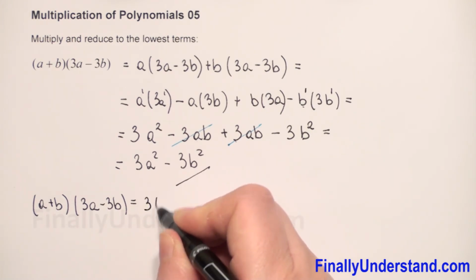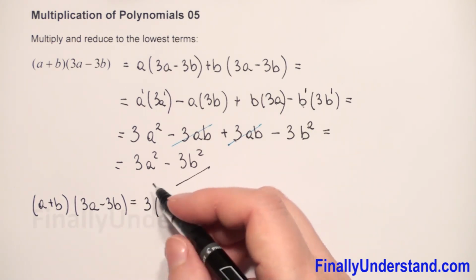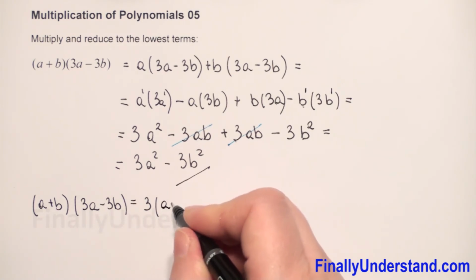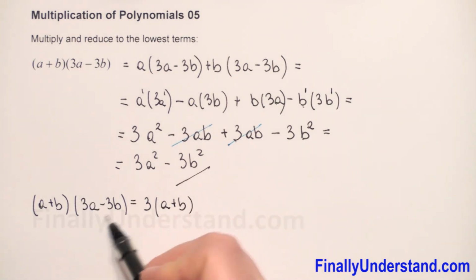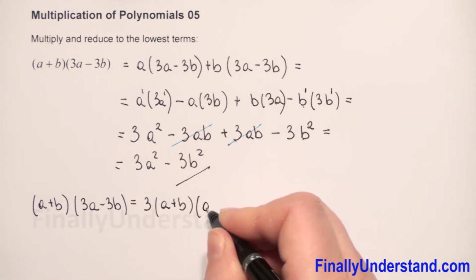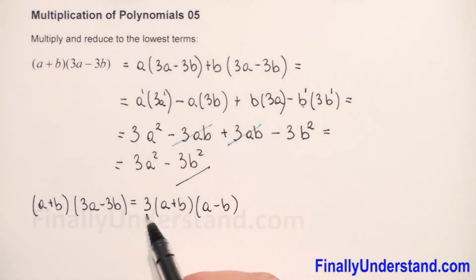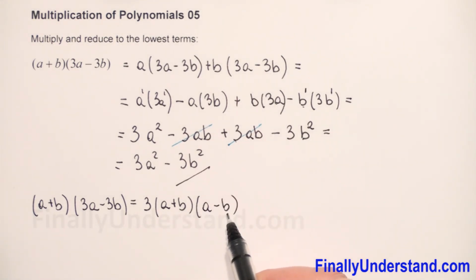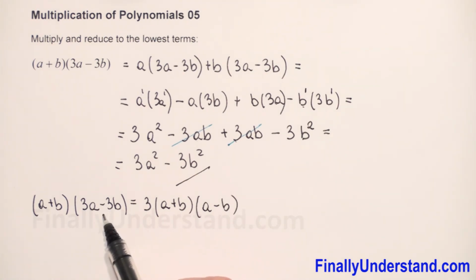We have 3 from the second parenthesis, a plus b we copy, and now in the second parenthesis we will have only a minus b. Why? 3 times a minus b: 3 times a is 3a, 3 times negative b is negative 3b. It is the same as what we had at the beginning. I only factorized 3 from the second parenthesis.